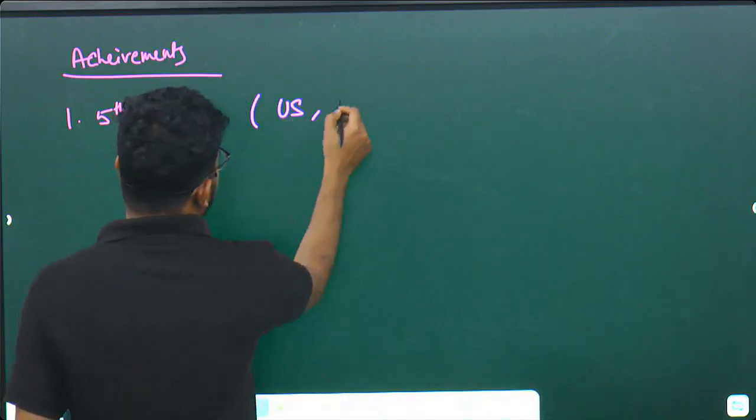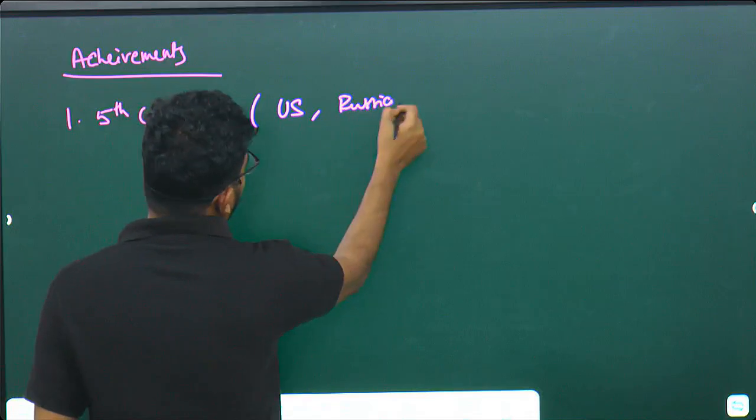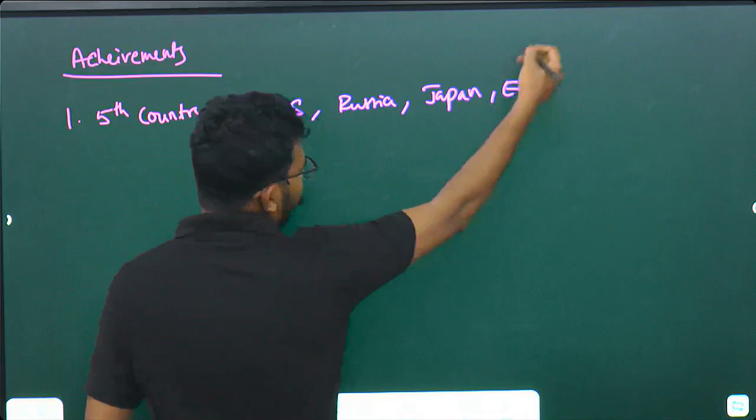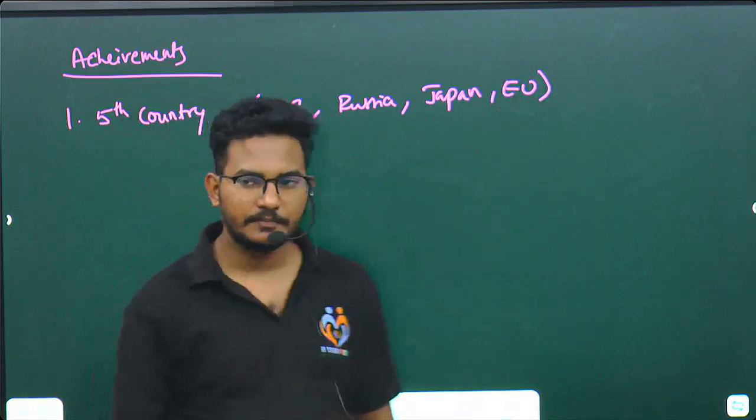After USA, Russia, Japan, European Union, we have become the fifth country.